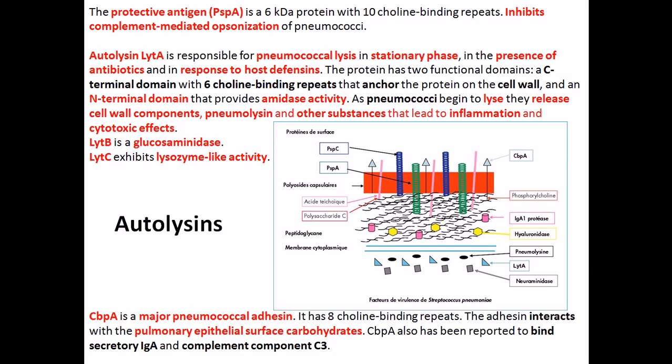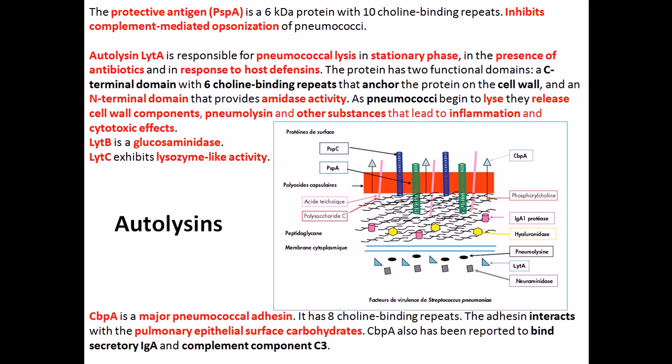Autolysin LytA is responsible for pneumococcal lysis in stationary phase in the presence of antibiotics and in response to host defensins. This autolysin is usually secreted in stationary phase in the presence of antibiotics, because at that point they need to respond against the host defensins.